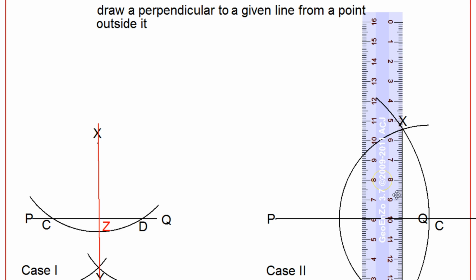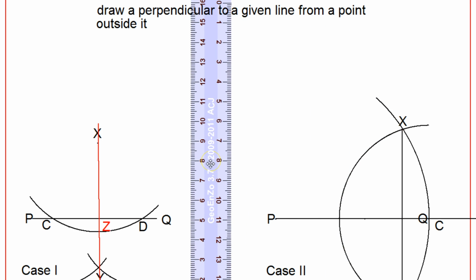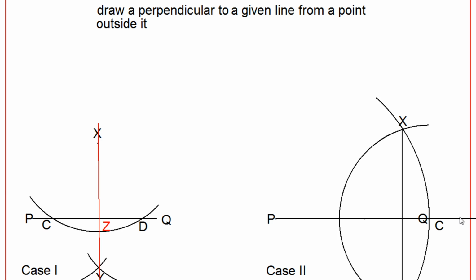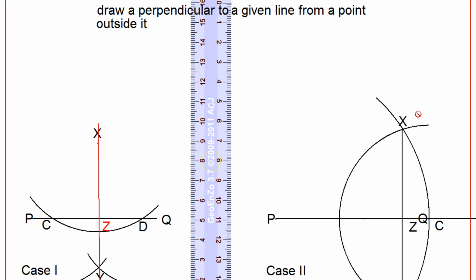Now you see it is cutting the line PQ at a point, and that point you give the name Z. Now this line X, Z, Y is your desired perpendicular on the given line PQ.